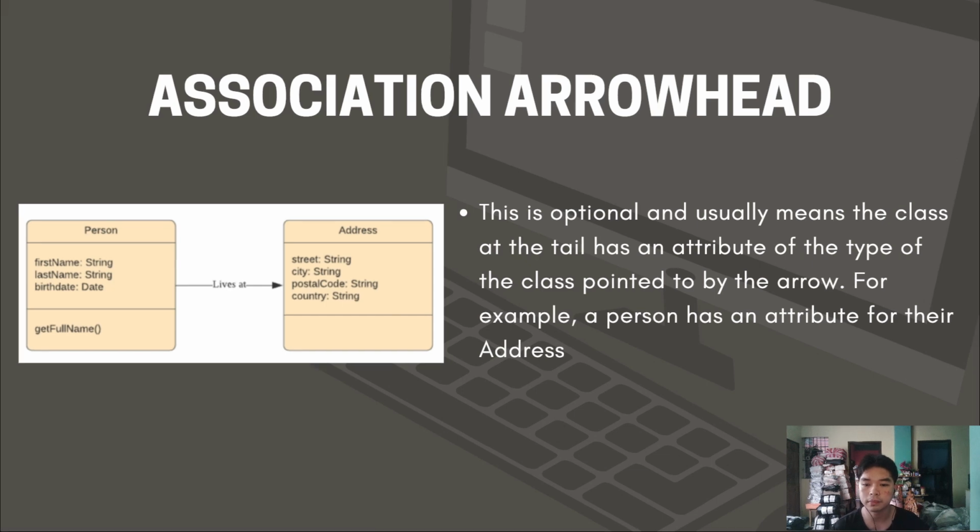Also, the association arrowhead shows the direction of the relationship between two classes. It indicates which class knows about or uses the other class. For example, if an arrow exists from a teacher to a student, it means the teacher class interacts with or refers to the student class.